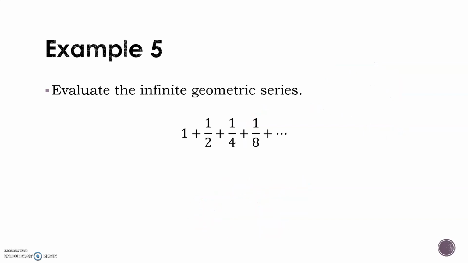If we look at this one, we have to figure out what our common ratio is. Again, it looks like our top number is staying the same, so we're going to have a 1 over, what are we multiplying by in the denominator? 2. So our ratio is 1/2. Our first term is 1. So we're going to get the sum equals 1 over 1 minus the ratio. So 1 over 1/2, which equals 2.